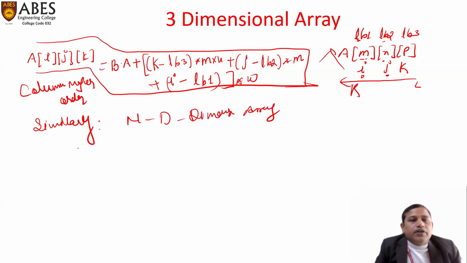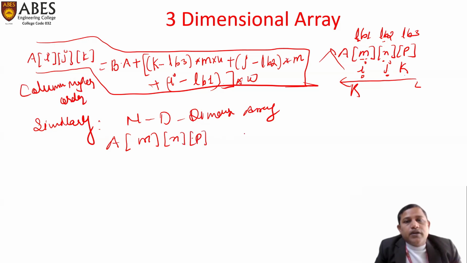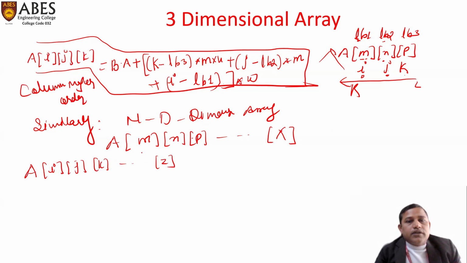In a similar way, if the size of the array is m, n, p, up to whatever the nth dimension is, and you want to find the address of i, j, k up to z, then if this is i, this is j, this is k, and this is z.